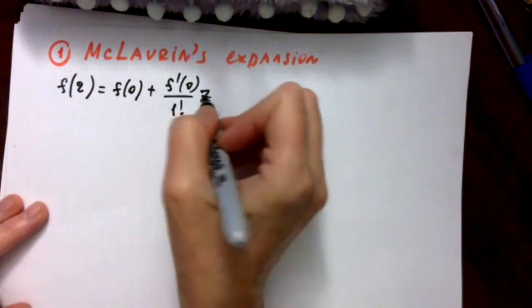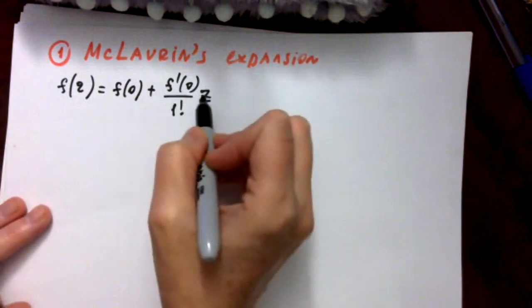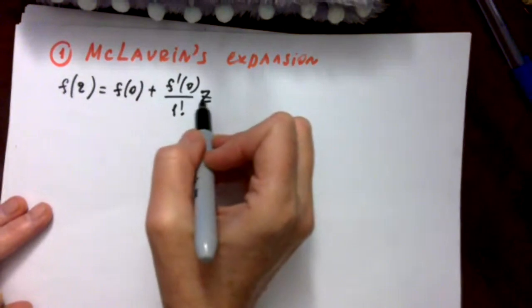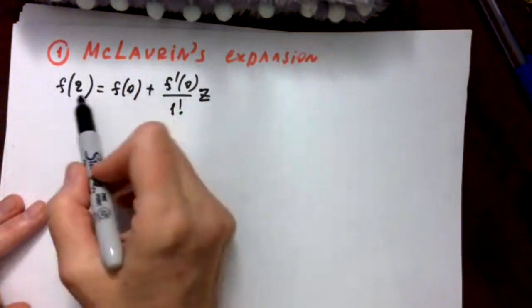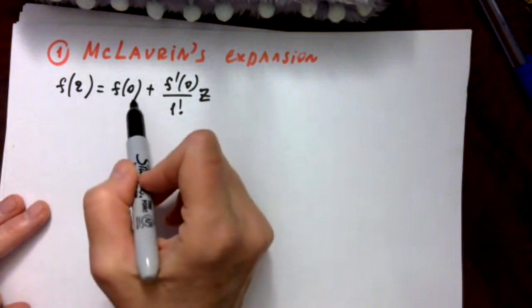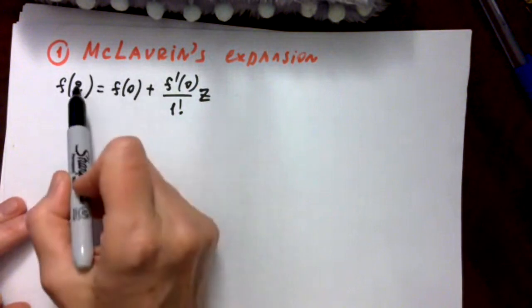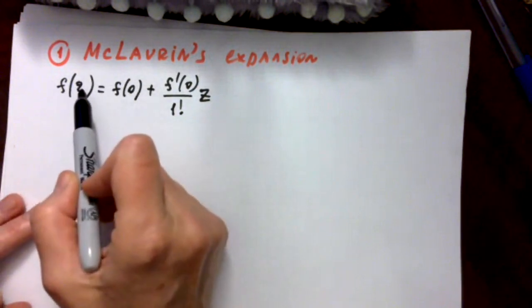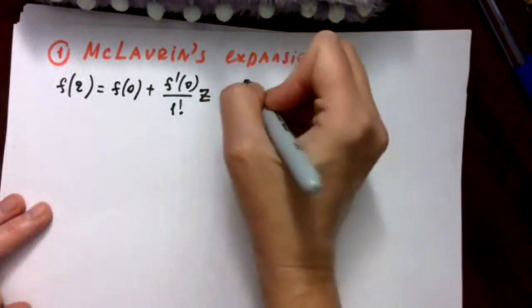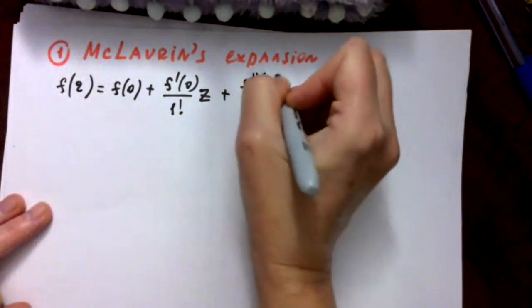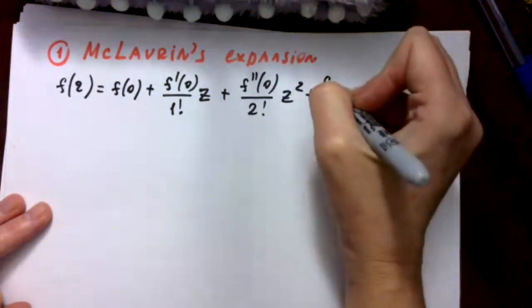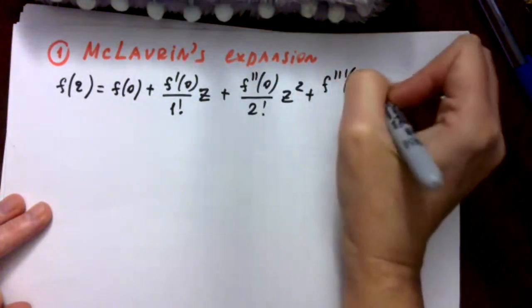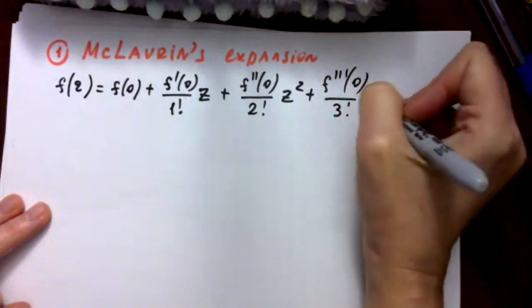I'm using the letter z, even though it's more typical for complex variable theory to use the letter z, but I just decided to do it from the very beginning. In the past, when you didn't know anything about complex variable theory, you mostly used letter x, but it doesn't matter. Okay. So f prime prime, the second derivative, 0 divided by 2 factorial z square. And let us write out one more term, and this should be enough.